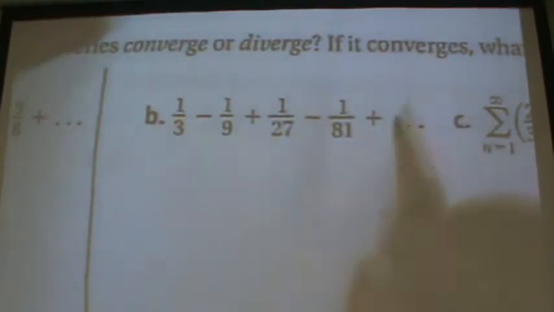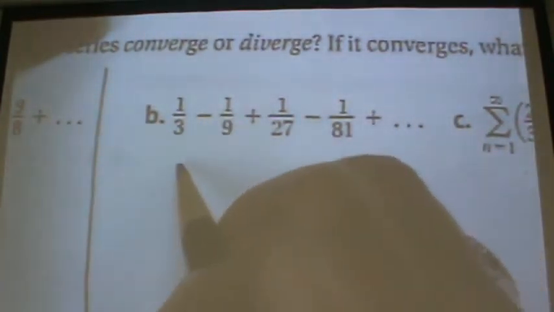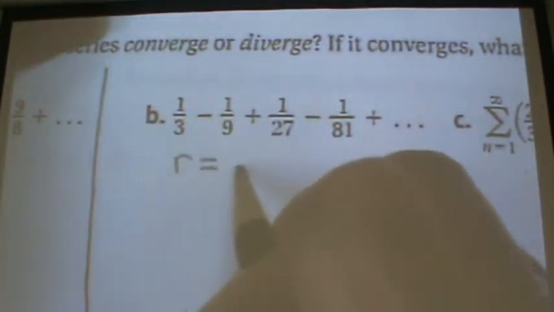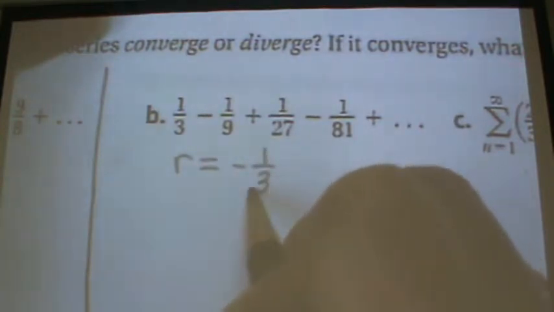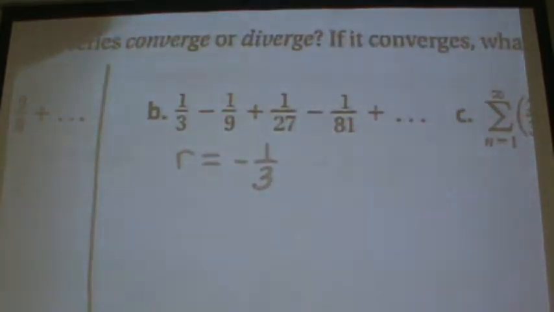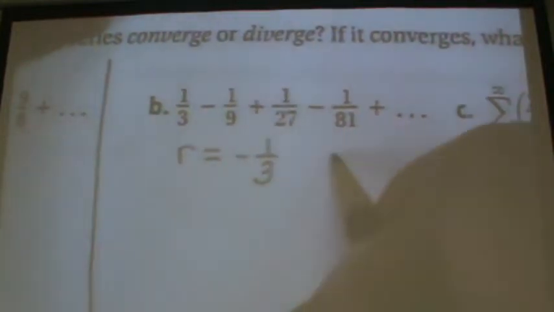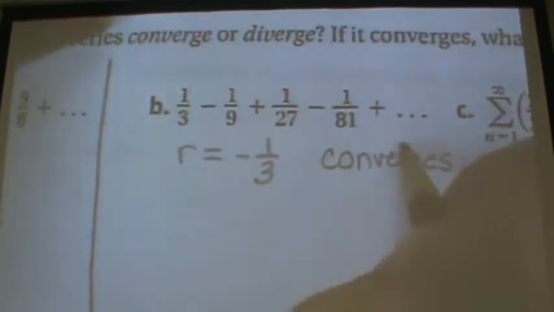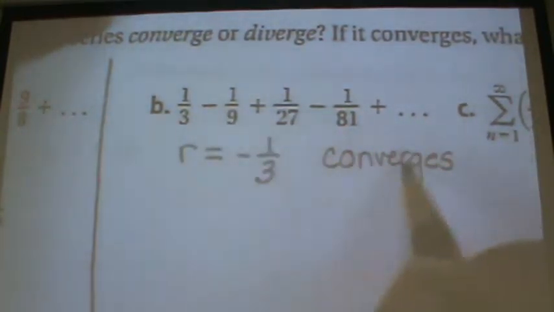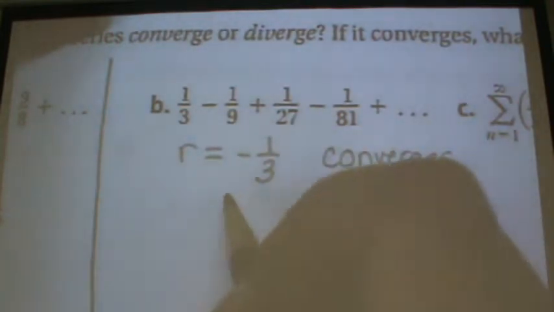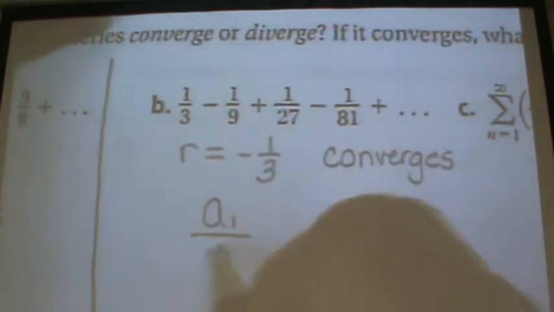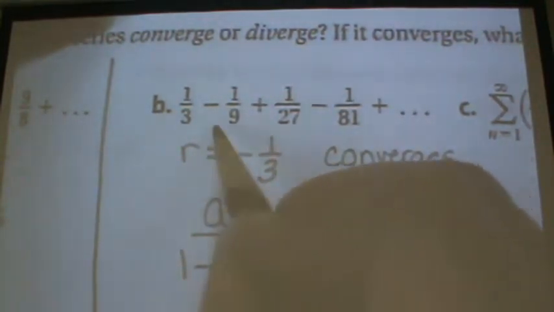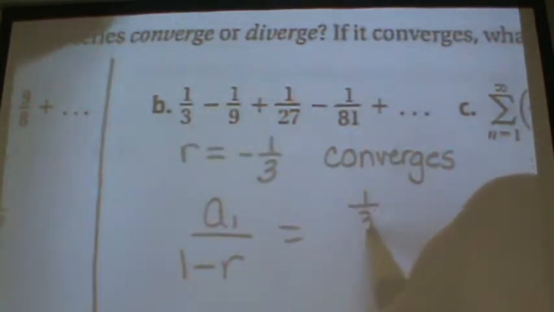The next one, B. What's the R value from 1/3 to negative 1/9? Negative 1/3 is your R value. Is that number less than 1? Yep. So this one converges. You can tell because these numbers are getting smaller and smaller. It's a sub 1 over 1 minus R. Well, what's a sub 1? 1/3. What's the R value?